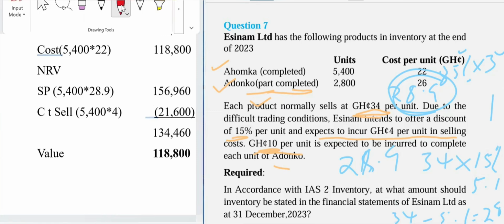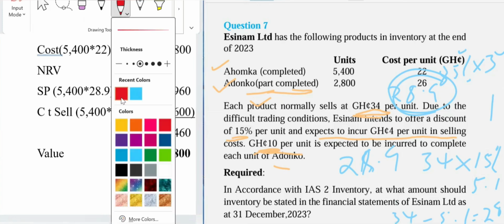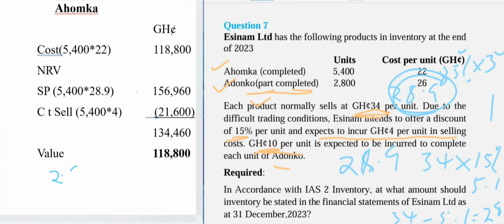Let me write it here. So the person can pick the selling price, right, which is 28.9. Then we'll take selling price minus cost to sell. Cost to sell is what? 4, right? And then we'll multiply everything by what? 5,400. You get the same answer. If you like, try it and see.